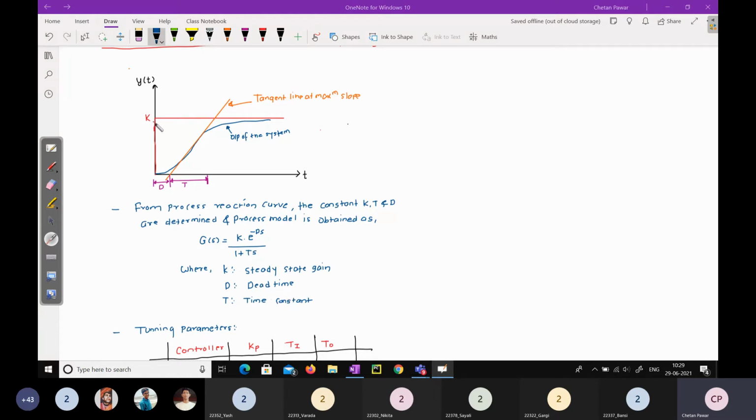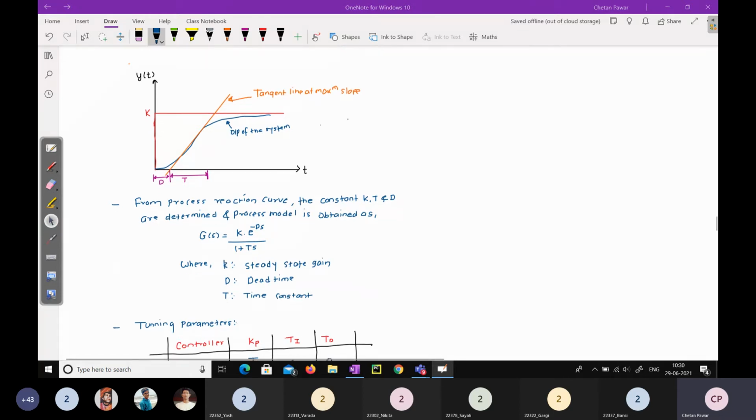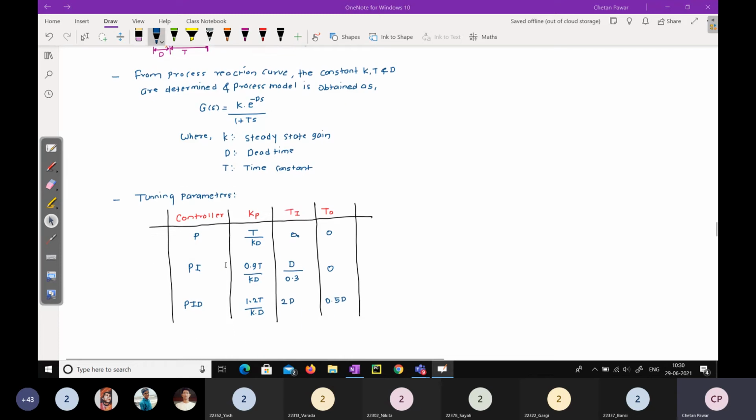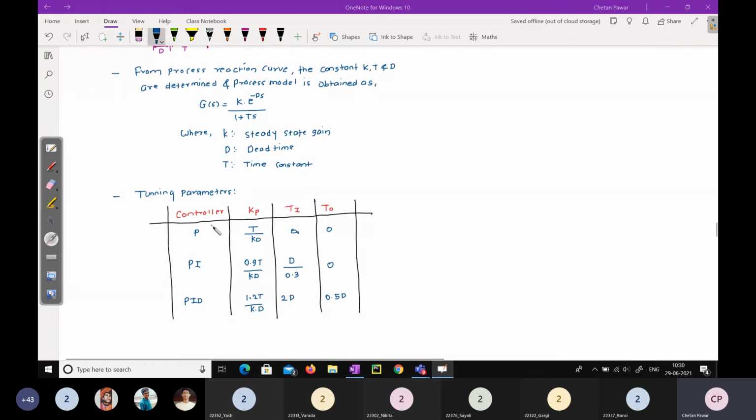After getting these three parameters K, D and T, we determine Kp, Ki and Kd, or Kp, Ti and Td. So the tuning parameters are Kp, Ti and Td, where Ti is 1 upon Ki and Td is equal to Kd.